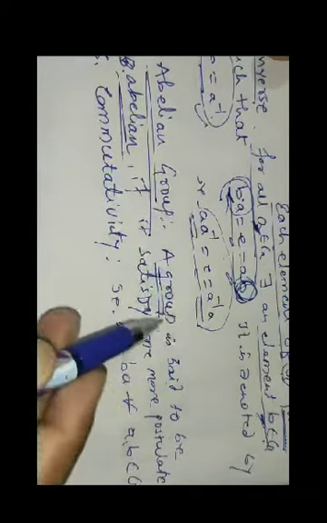An abelian group is already a group, only one word, abelian, is extra. If it satisfies one more postulate, that is the fifth property, commutativity: A dot B is equal to B dot A for all A, B belonging to G. So with respect to that dot operation, if AB is equal to BA, then we say that it is an abelian group.